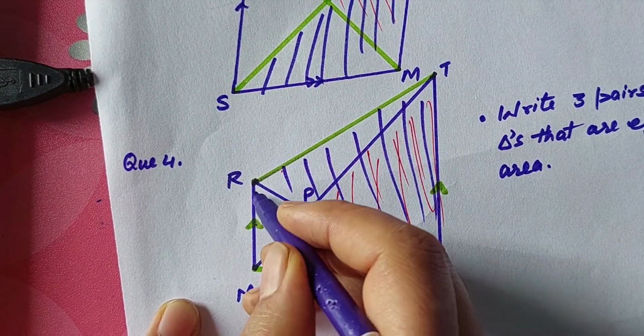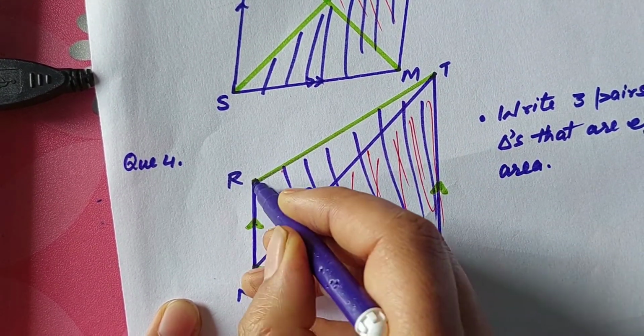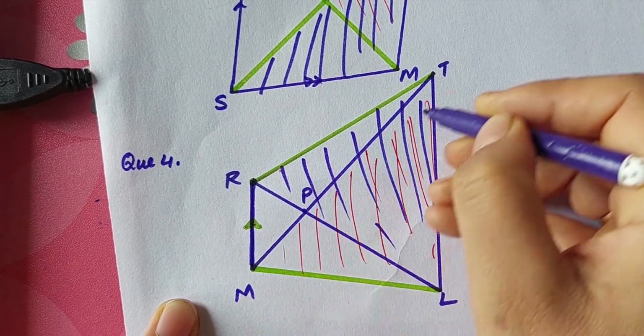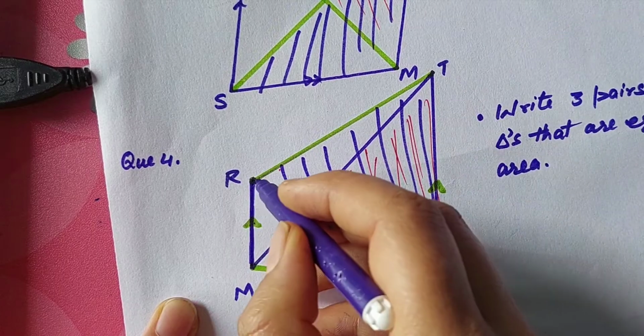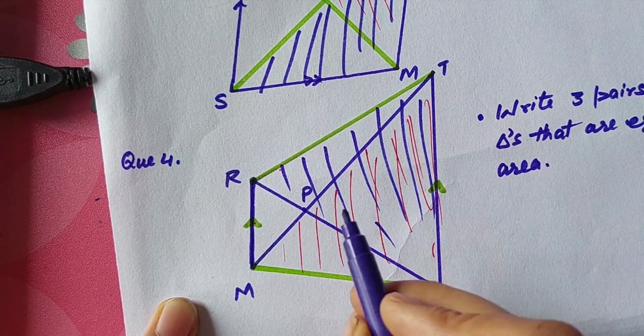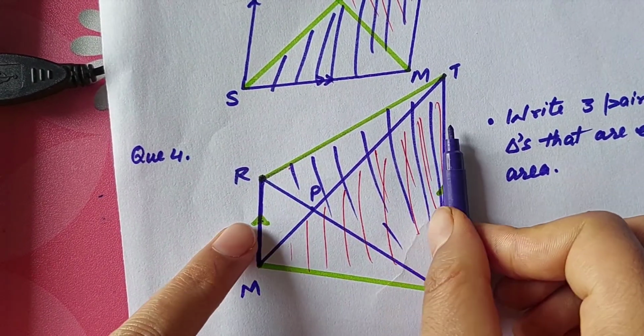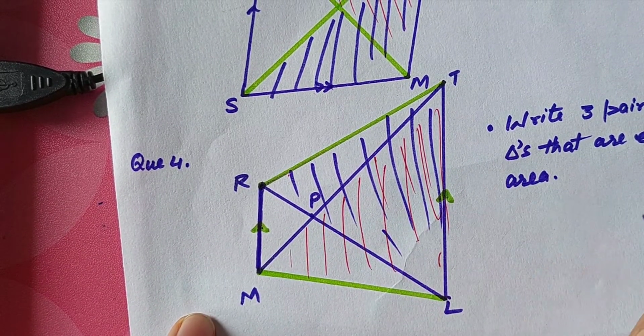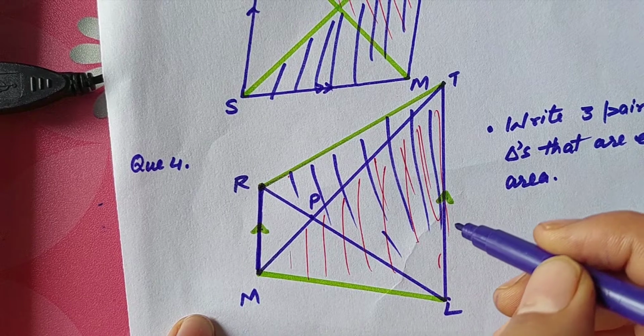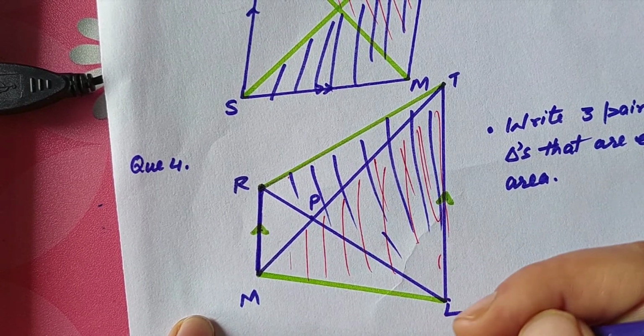Similarly, from this side, if we take this as the base, this is another parallel line, so one triangle is going till here and another one is also till here, between the parallels. So the perpendicular distance between the parallel lines is the same, that's why the area is also going to be the same. So 2 pairs can be easily found. You have to find out the third pair.